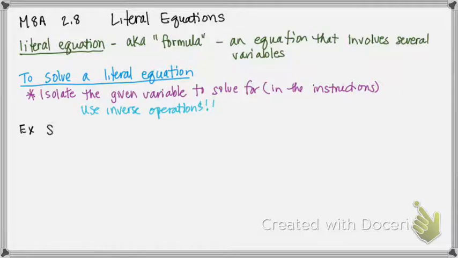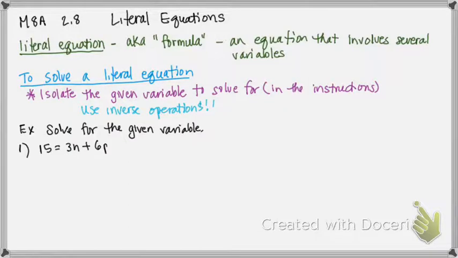We're going to solve for the given variable, and we've got about a handful of these to do. Number 1: 15 equals 3n plus 6p. This equation has two variables, and then you'll see a comma and it'll say "for" and tell you what variable it wants you to get alone.